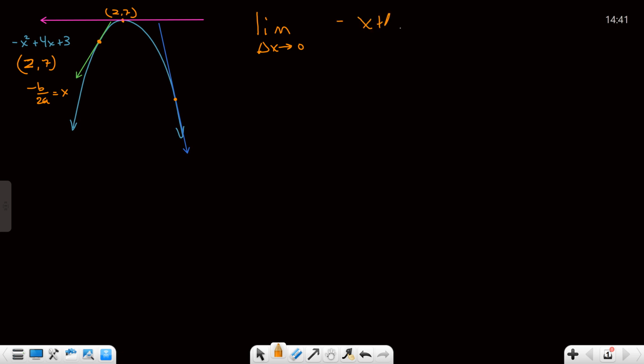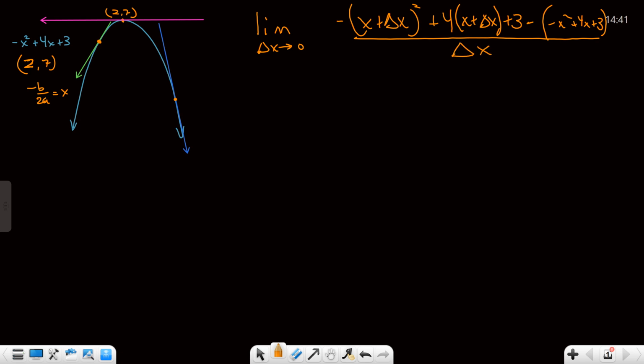So negative x plus delta x quantity squared plus 4 times x plus delta x plus 3 minus parentheses negative x squared plus 4x plus 3 all over delta x. Sorry, I was a little crammed in that corner there.